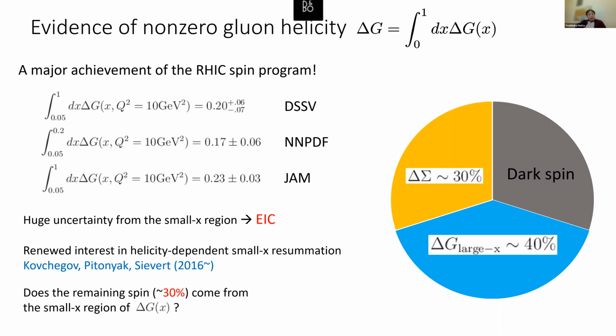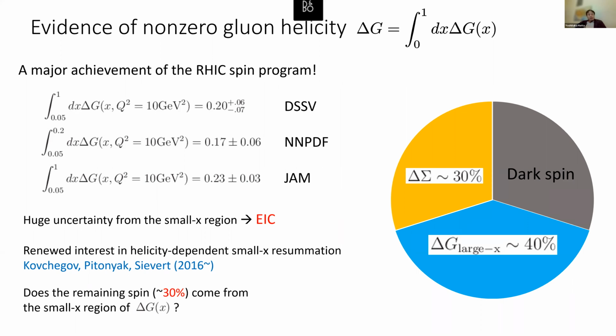And because of this large uncertainty, there is a renewed interest in the community about what is the behavior of this helicity-dependent PDF at small x. So this is a very interesting subject on its own, and Yuri and his collaborators are vigorously pushing in this direction.